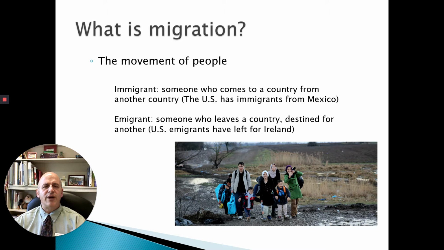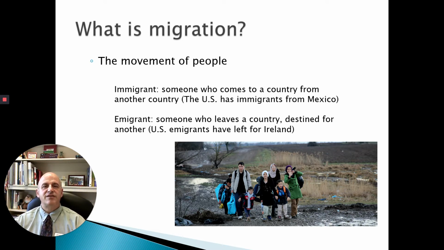So when we talk about the movement of people, there are a couple of terms that sometimes are used interchangeably. It really is just a matter of perspective. But an immigrant, with an I, is someone who comes to a country from another country. So for example, the United States has immigrants from Mexico, or immigrants from India, or immigrants from Japan.